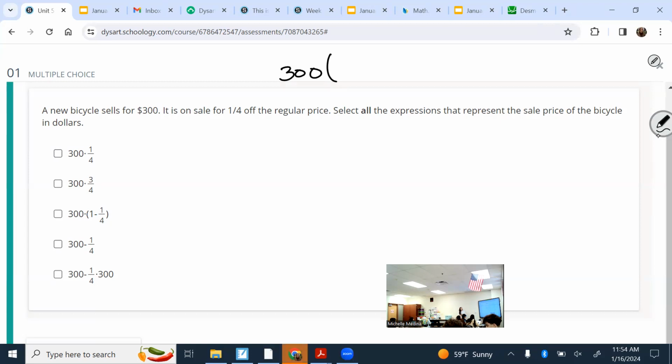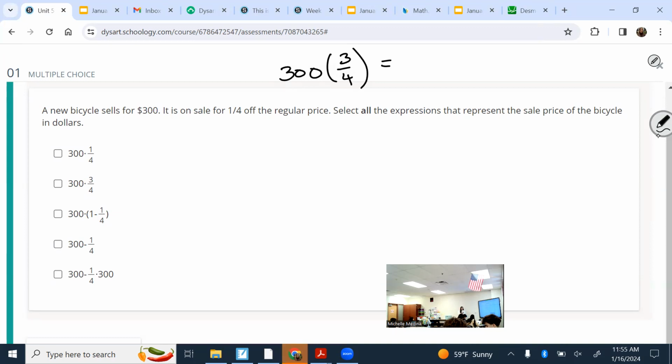If I do this initially, then I just do 1 step. Multiply it by 3/4, by what it's keeping, essentially. That'll save you the step. Or you can just do it the longer way, as long as you get to the right answer in the end. So it's keeping 3/4 of the price.